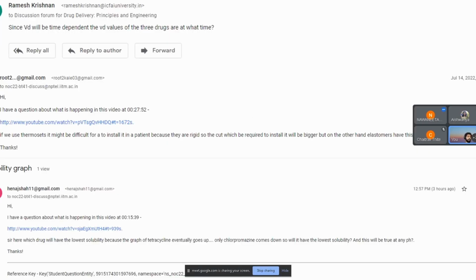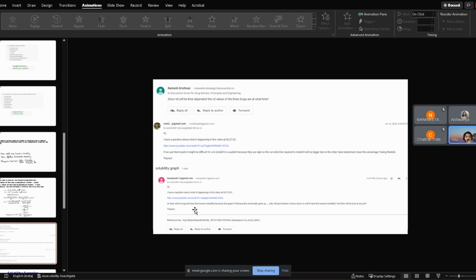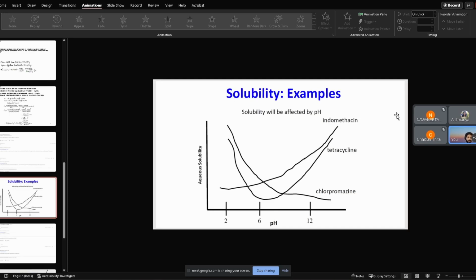Okay, so the next question asks, which drug will have the lowest solubility, because the graph of tetracycline eventually goes up? Only chlorpromazine comes down, so will it have the lowest solubility? And this will be true at any pH. I think they're referring to this graph.